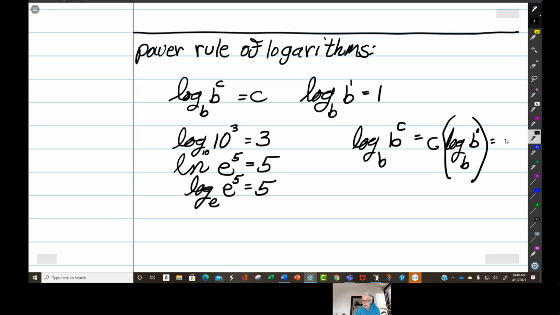So this is c times 1, which is c. That's kind of a long roundabout way to do it. Easier to just remember this. This is cool. A real shortcut to your work.